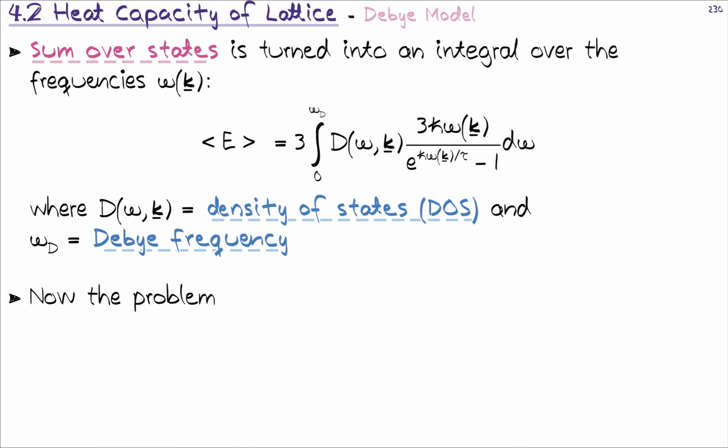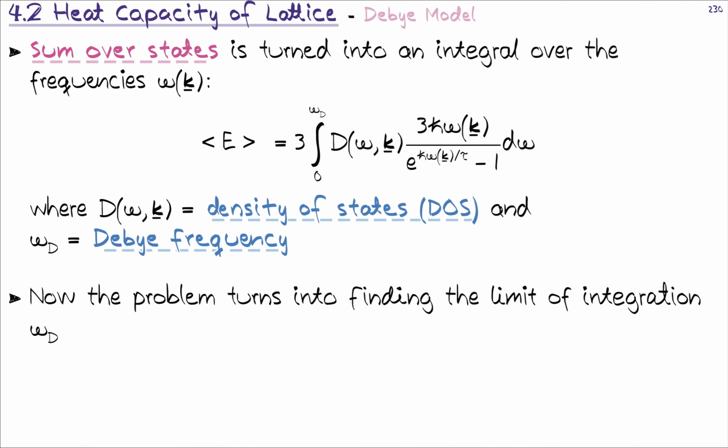And now our earlier problem has been turned into finding the limit of the integration. So basically finding the Debye frequency and of course the density of states. But we know that the density of states can be calculated because we do have a relation for the phonon distribution. So we have the dispersion relation of our system.